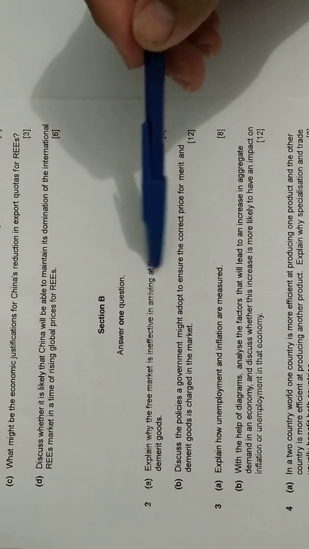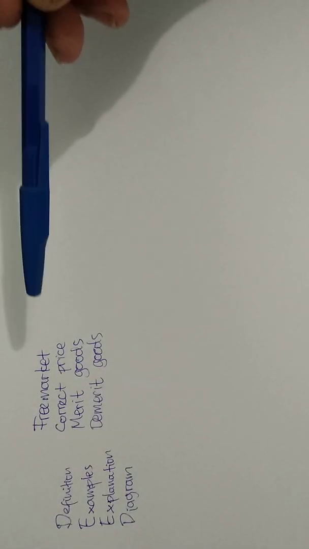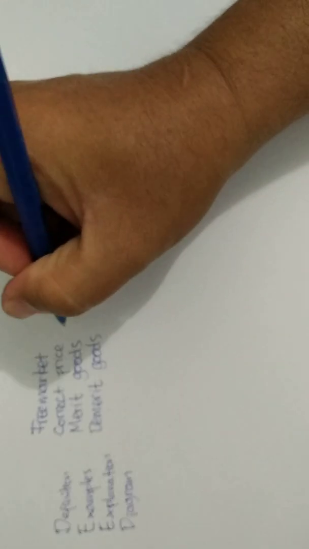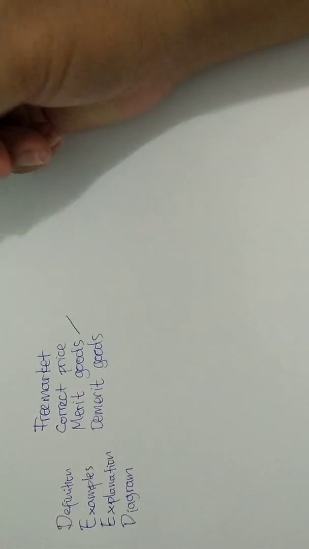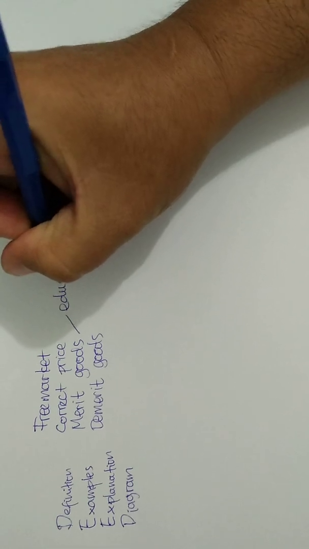The next thing is examples. Can you give an example of merit goods? Yes, you might want to use education. Can you explain why education gives external benefit?